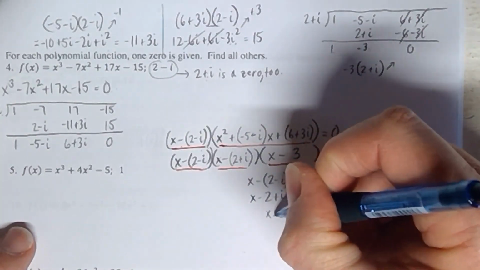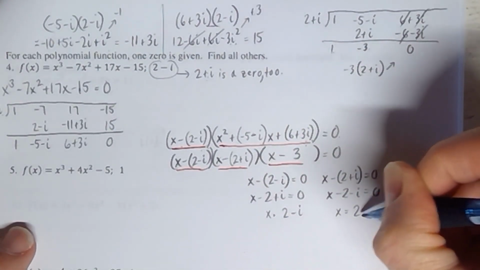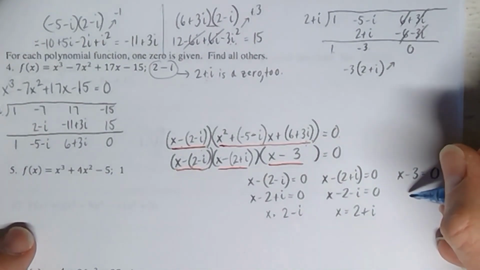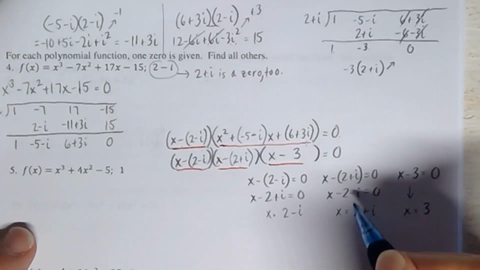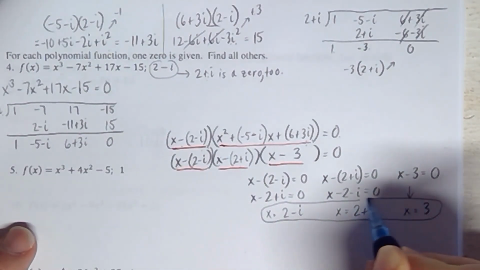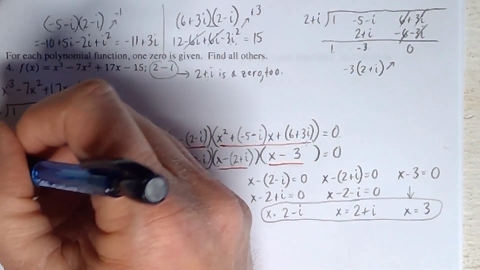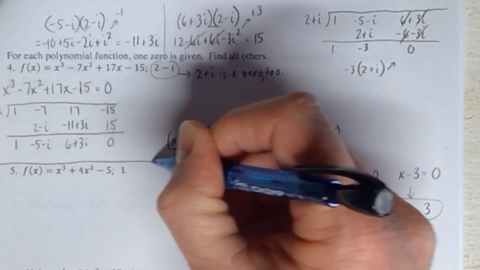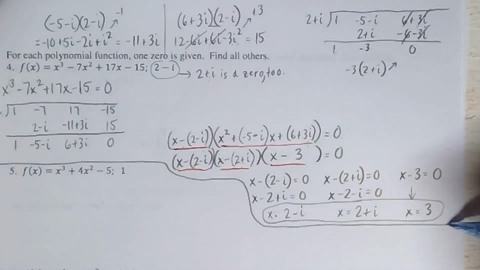And so I get x is equal to 2 minus i, x is equal to 2 plus i, and then over here, this one's an easier one. You just have to add the 3 over. So our final answer right there is these 3 zeros. And I call them zeros because they made the function value equal to 0, because I set the function value equal to 0 and solved the equation.